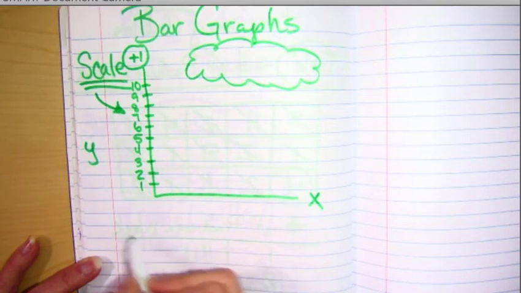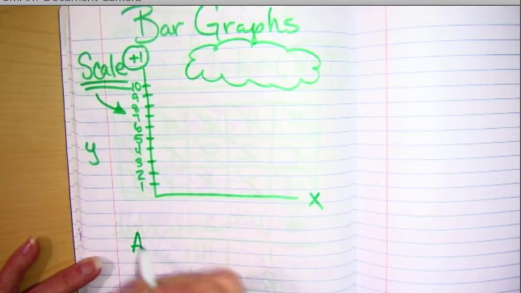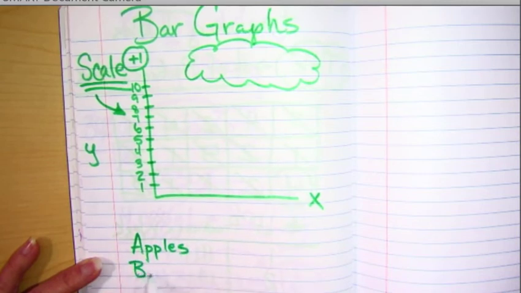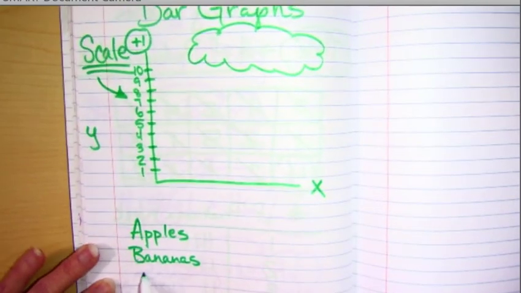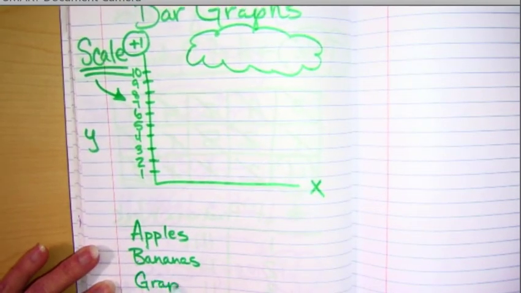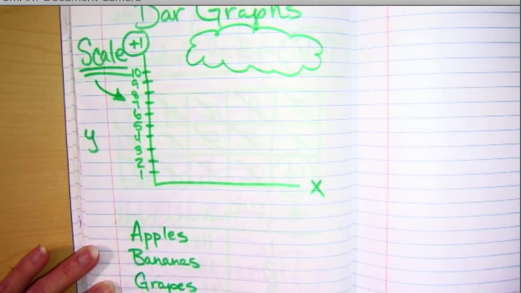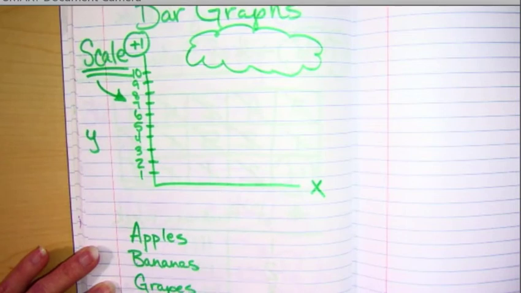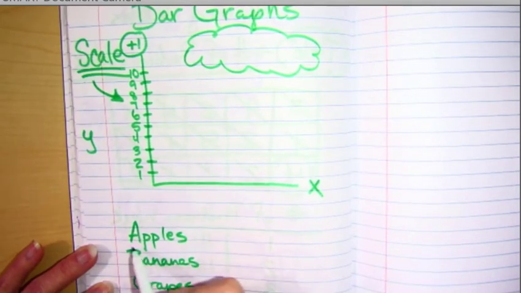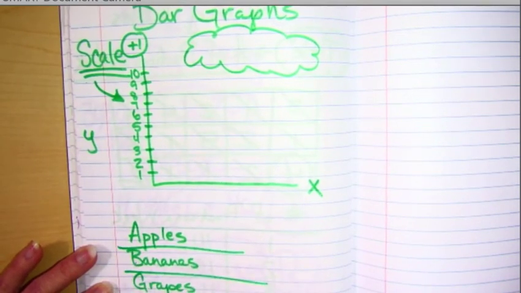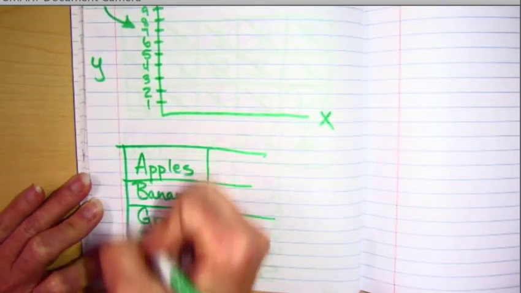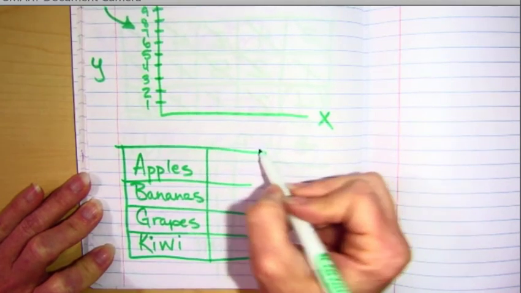And I'm going to say apples, bananas, grapes, and kiwi. I'm going to do a quick data table with you guys.